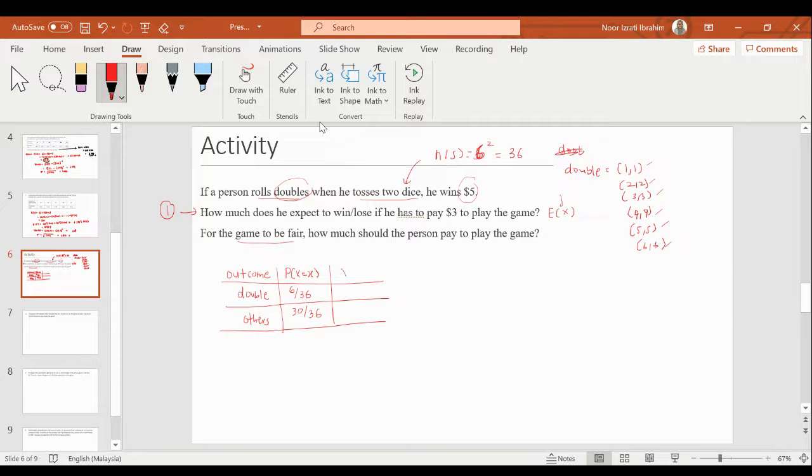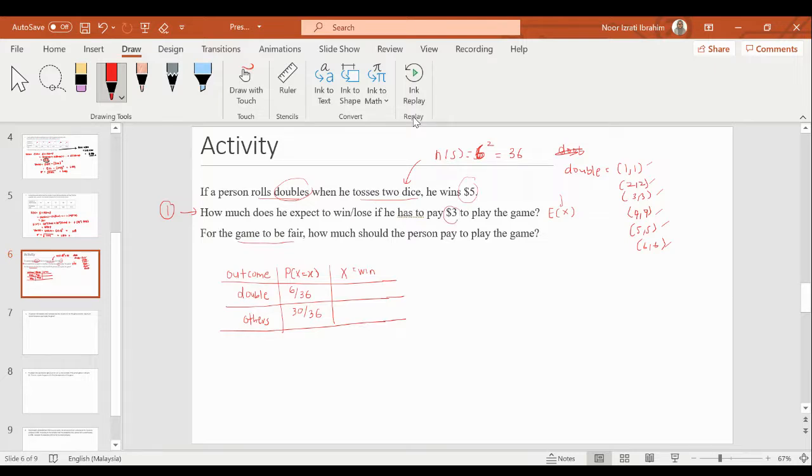And the random variable X is the money matter, the price, the cost. If he gets a double, he will win $5, but he will not win exactly $5, because he has to pay $3 to play the game.